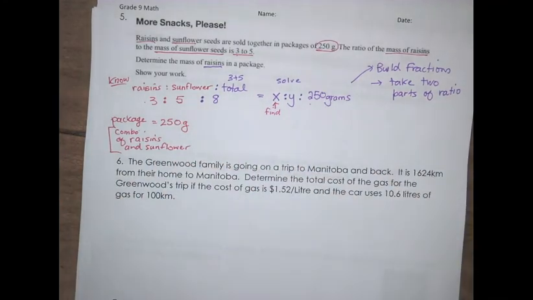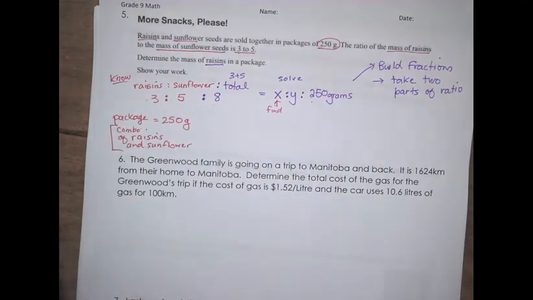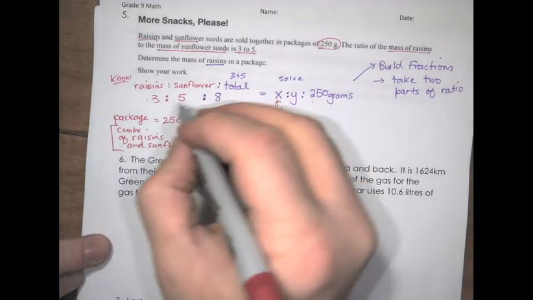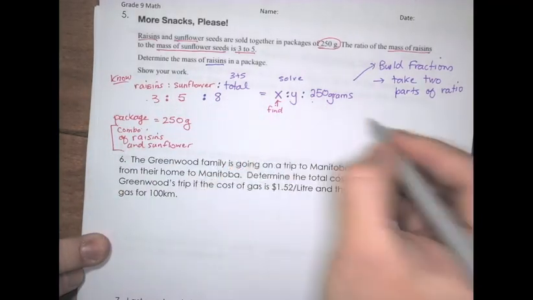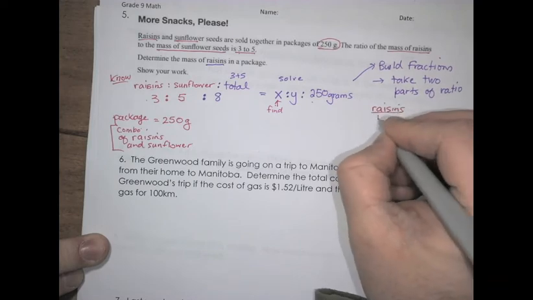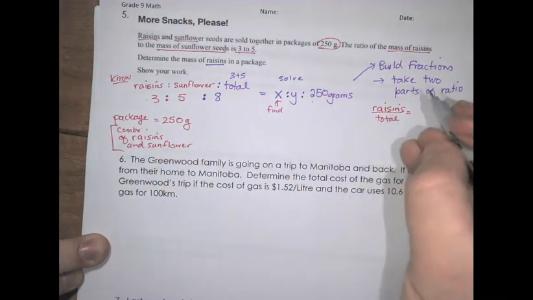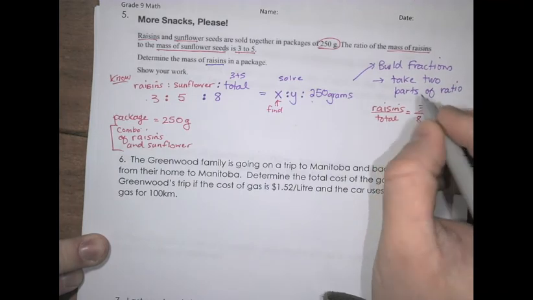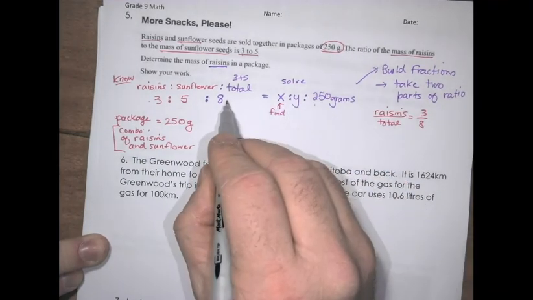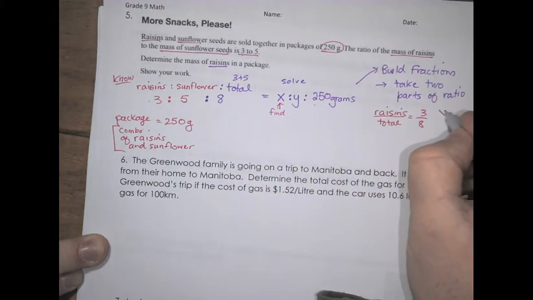So what I can do with this is, when I take my fraction, I can actually say I want to compare raisins to total. Well, raisins to total is 3 to 8, and my other side of the fraction equals x over 250.